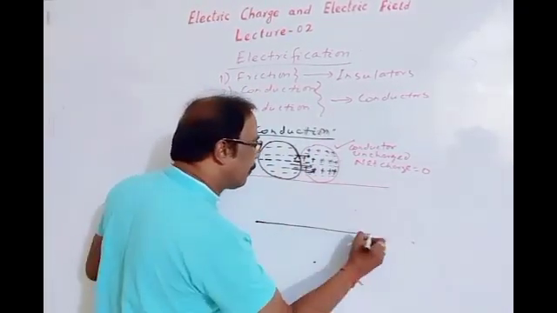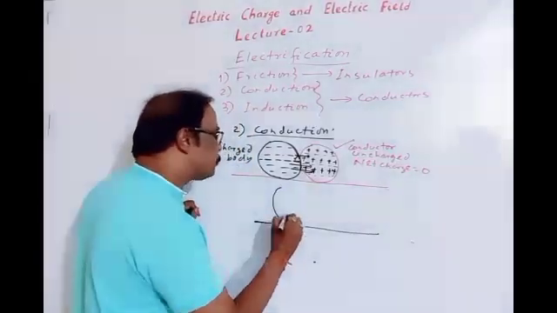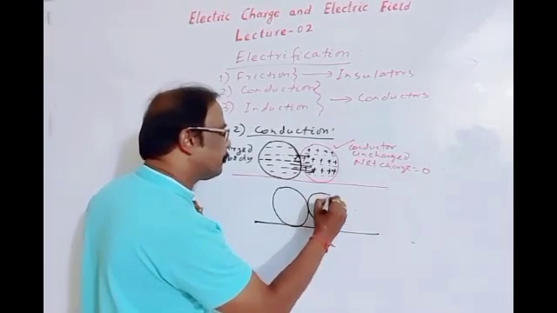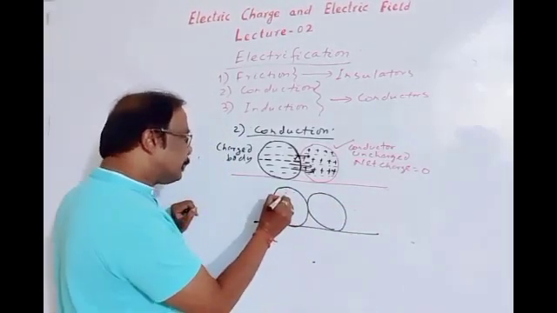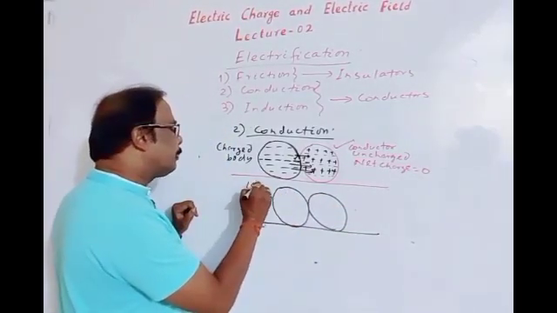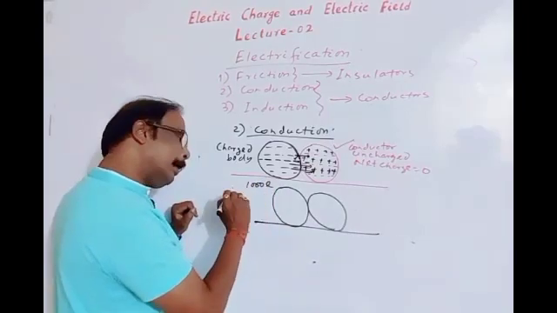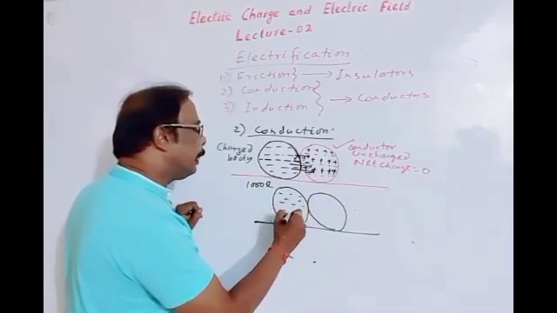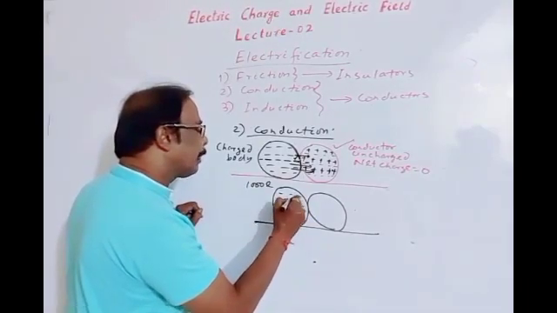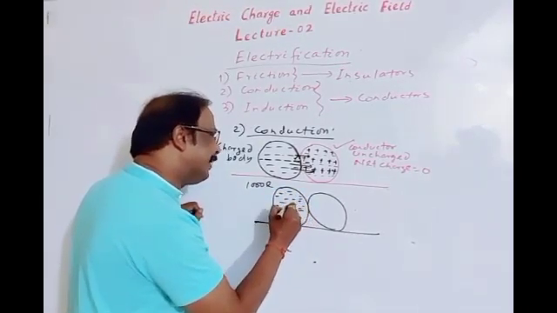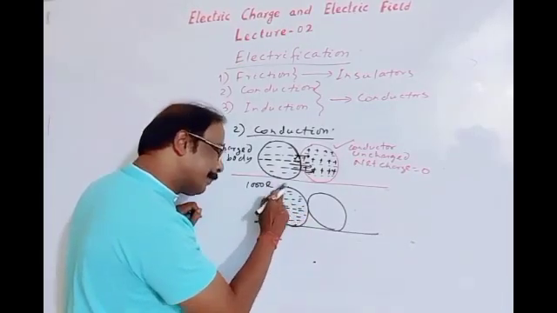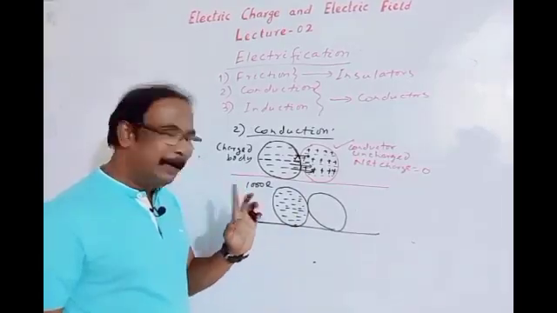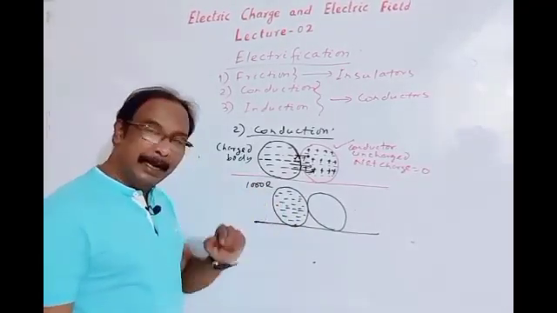Then what will happen? The practical mechanism. Suppose this is the charged body, this is the uncharged body, and they are in contact. Suppose this charged body contains 1000 excess electrons.